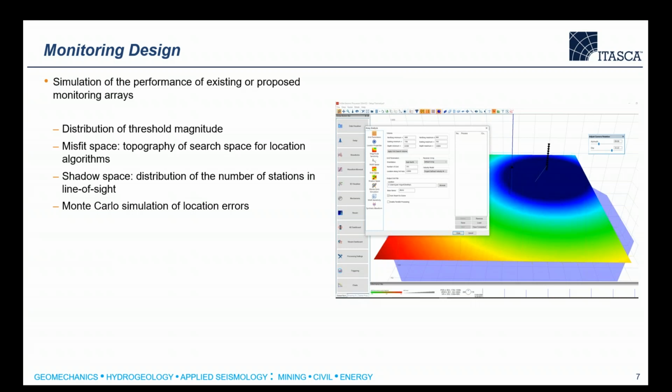And it also has the tool to estimate, simulate what would be the expected location error. And it's just done running a Monte Carlo simulation. That is running the process of locating a theoretical event, altering the main variables in the location of our event, which are the travel times and the velocity model, altering them randomly, and it will give us what is the estimated error we'll get in our location.